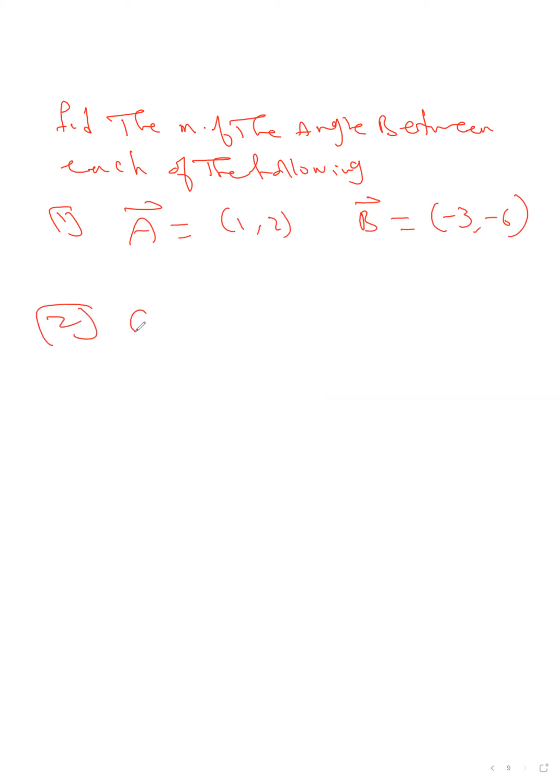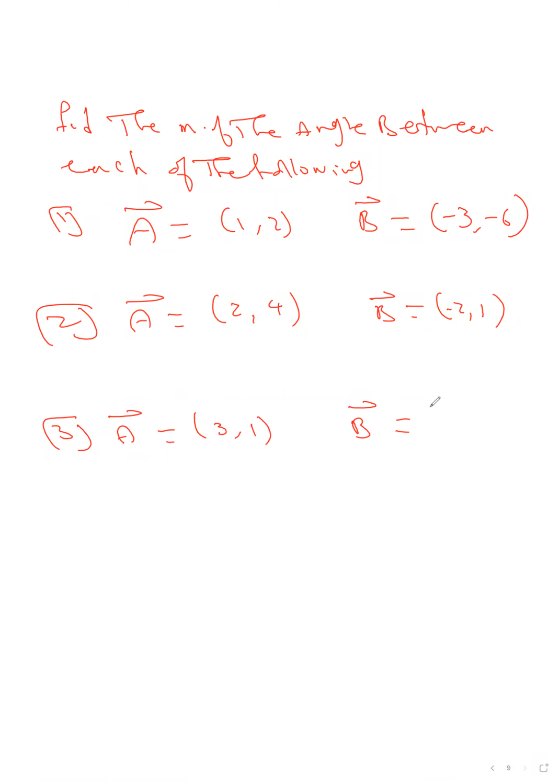Number 2, A is 2 and 4, B equals negative 2 and 1. Number 3, A equals 3 and 1, vector B equals negative 6, 6 and 2. Number 4, vector A equals 5 and 2, vector B equals negative 1 and 0.